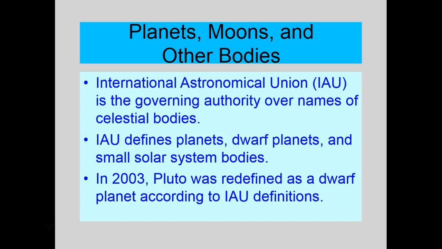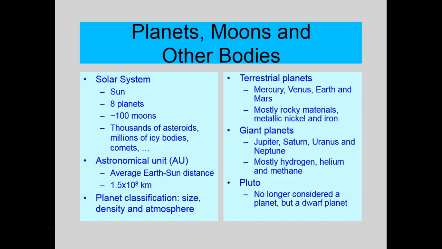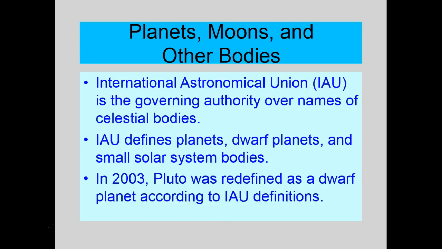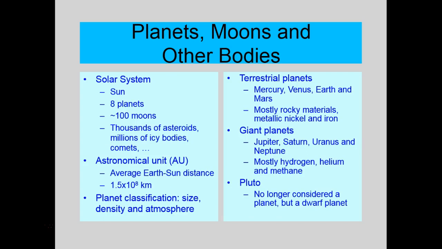Now, here is a statement, and there's a reason I'm reading this statement from the book. Where was the astronomical unit? Oh, yeah, there it is. I want you to catch this sentence.